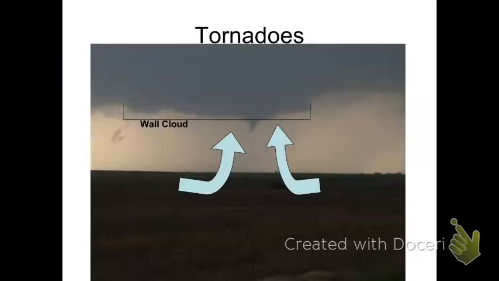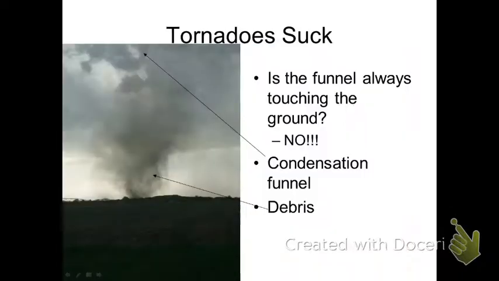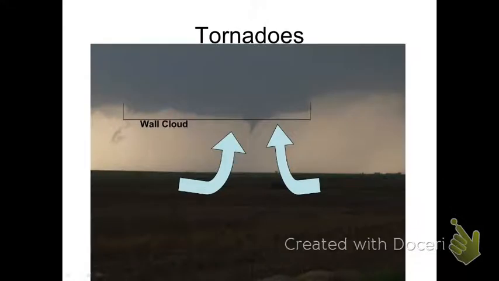So, the first thing that forms with a tornado is a wall cloud. You have this cloud that just drops down out of the thunderstorm. It is rotating and is pulling air upwards. The next thing is a funnel cloud, which on here is right there. A funnel cloud is typically cone-shaped.